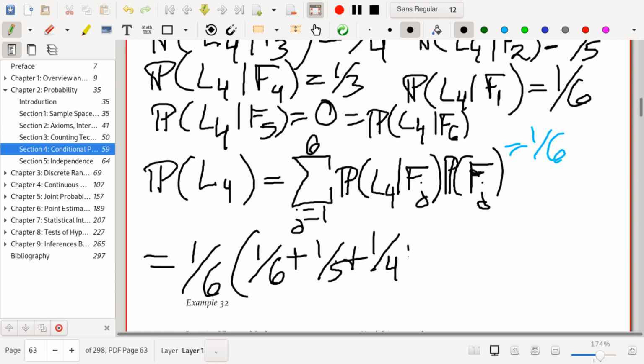Plus the probability the last die is 4, given the first one is 4, which is 1 over 3. And then plus 0 for the other two. So that is all going to add up to... I actually didn't pre-compute this, so I'm going to have to go to a calculator for this one.